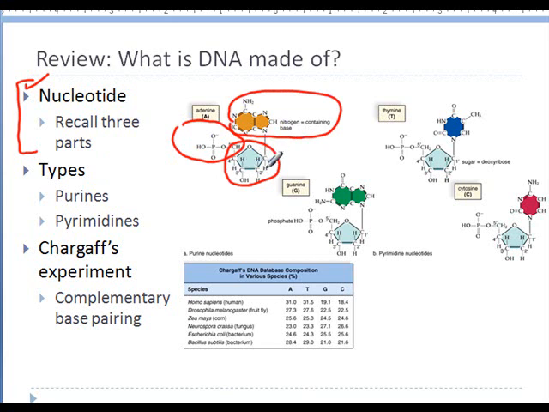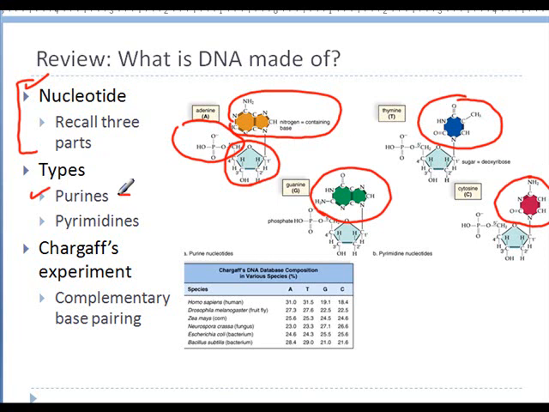The ribose sugar is always going to be present in all the DNA molecules. The phosphate will always be present. However, the nitrogenous bases are of 4 different kinds, which can be divided into 2 types. One is the purine, the second is the pyrimidine.